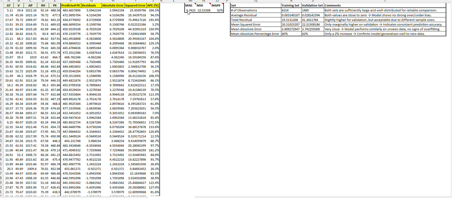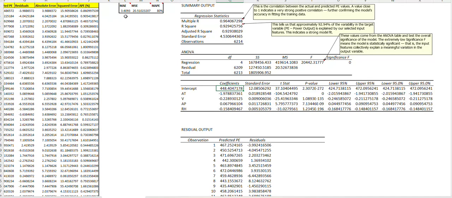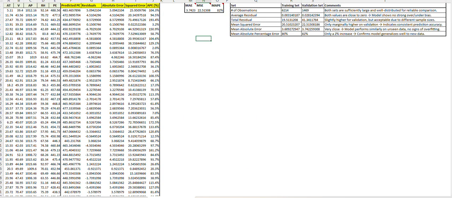We have calculated similar metrics for our training set also: mean absolute error, mean squared error, and mean absolute percentage error. These metrics, calculated on both the training and validation sets, help us evaluate how far our model predictions are from the actual values.